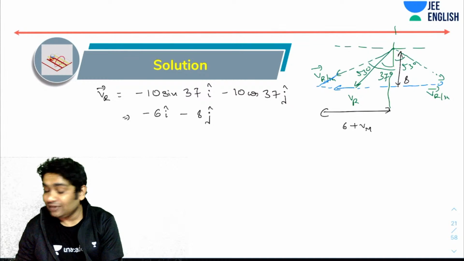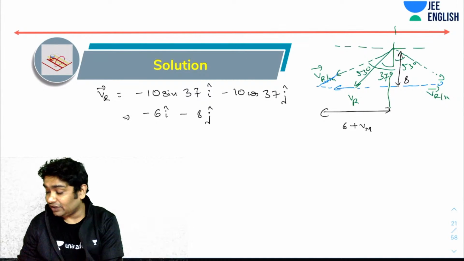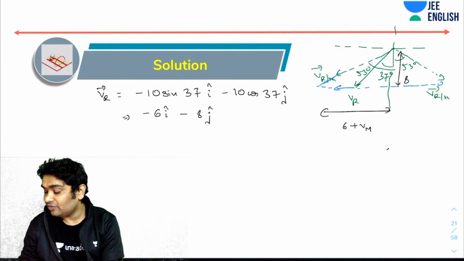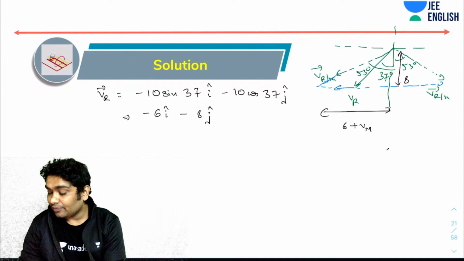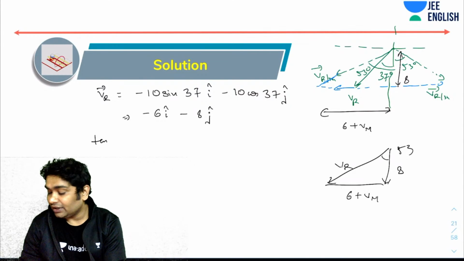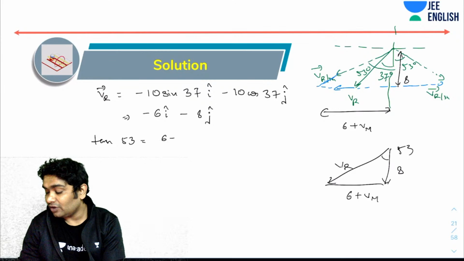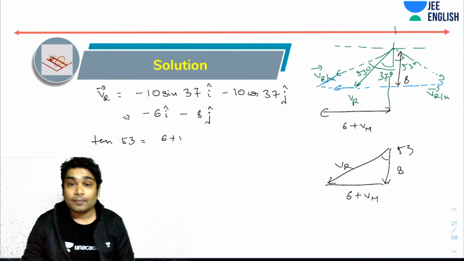Since the resultant velocity makes an angle of 53, for the resultant velocity triangle, this was 6 plus velocity of man, this was 8, and this was 53. So I can write that tan of 53 would be equal to 6 plus velocity of man over 8.